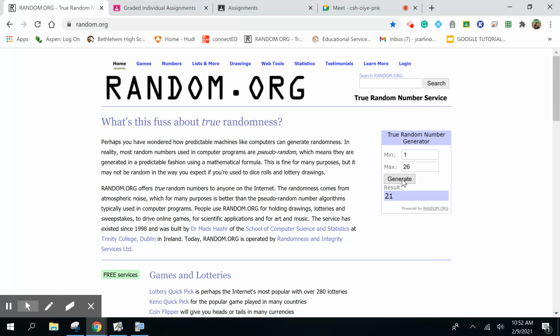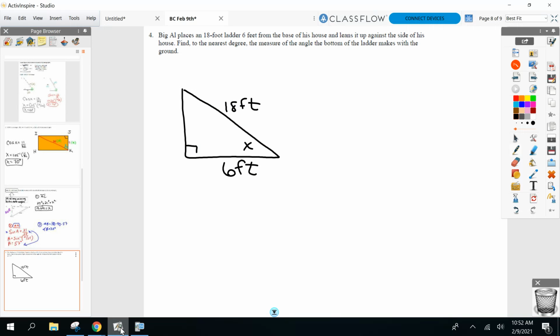Oh, Zach, please help. What's the 18 and the 6, Zach? Cosine. Easy, big boss. All right, stop showing off. I just wanted to know what the 6 and the 18 were. Adjacent, hypotenuse, opposite. 18 is the hypotenuse and 6 is adjacent. All right, yep.